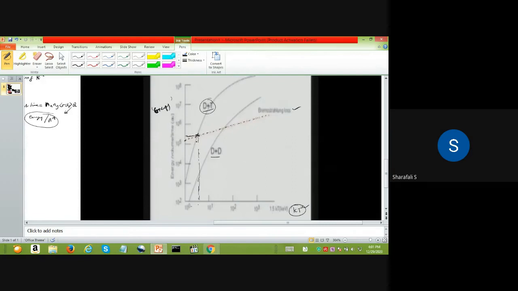This much temperature is enough. k is a constant, so if you increase the temperature up to only this, you can cross the Bremsstrahlung loss and get enough energy output. But when you consider D plus D, you need a higher kT value, that is, the temperature is high in this case. Only then can you cross the Bremsstrahlung loss, after which we have this output energy.